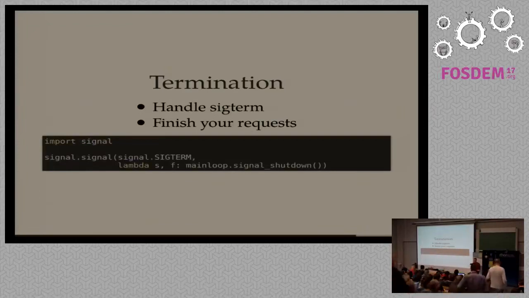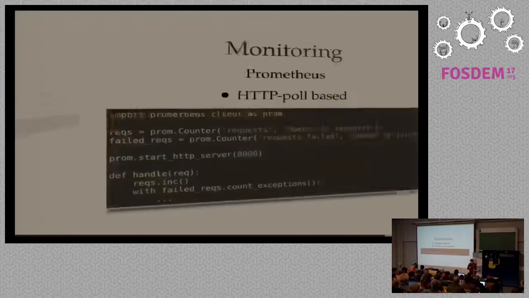You can say, I'm going to shut down. As soon as you've got SIGTERM, you've basically already been removed from the service, so you're not going to get new requests, but you might still have requests currently queued up. So you want to finish the queue that you're running on, make sure all your requests are handled so you don't drop any of them, and only then carry on shutting down.